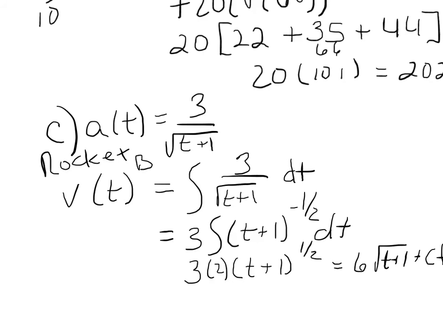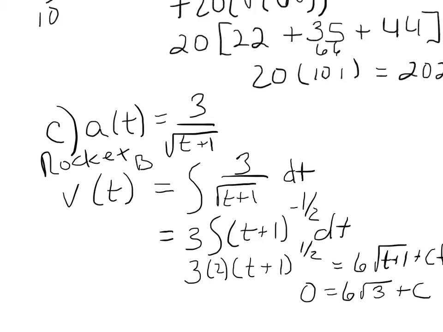Did it give us some initial information? Yeah. What did it tell us initially? So height is 0 feet, velocity is 2 feet per second. The initial velocity is 2 feet per second when height is 0. Okay, what did I do wrong here?